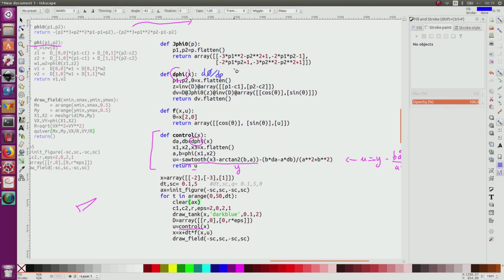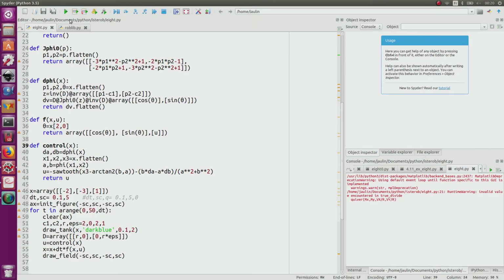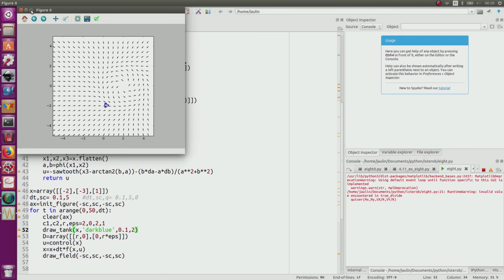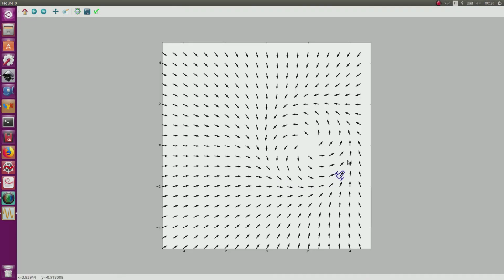For this, I use the expression I have obtained before, and I use here the Jacobian matrix of phi 0 at point P. If I run this program, I switch to Python, I obtain here my car going to the circle. The initial condition was here, converging to the limit cycle of the vector field.